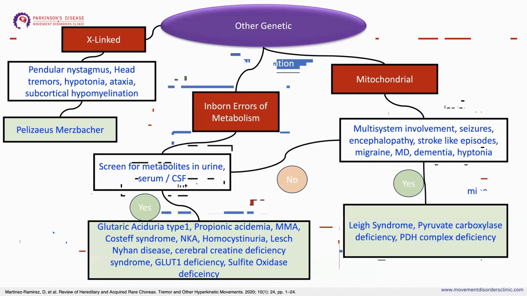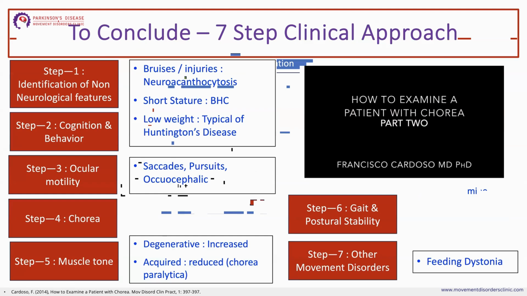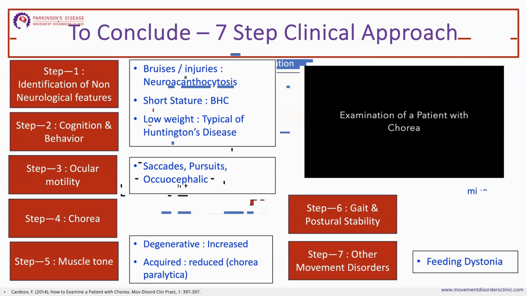Similarly, as I told about autosomal dominant and autosomal recessive, in other genetics such as X-linked, inborn errors of metabolism, and mitochondrial disorders, the approach has to be maintained so that you systematically make a diagnosis for a person with chorea.